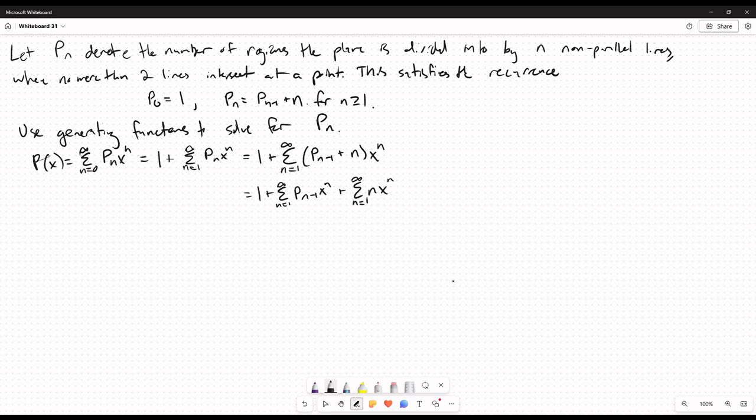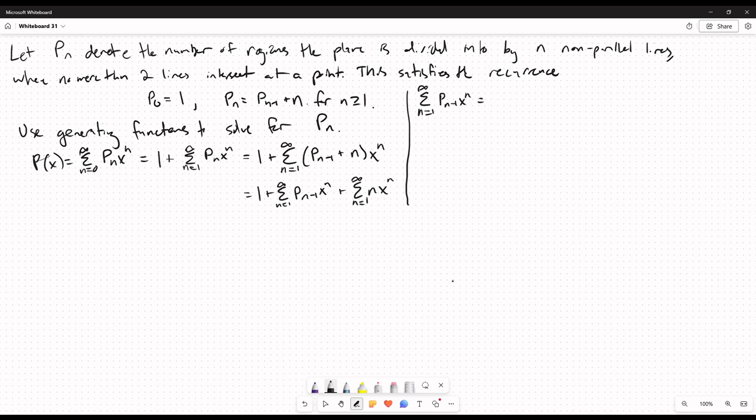Now that we've split that up into two pieces, let's dissect what each of those actually are. When I look at this sum from n equals 1 to infinity of P of n minus 1 x to the n, I can re-index this by letting n start at 0.